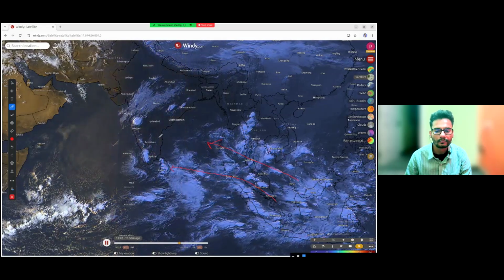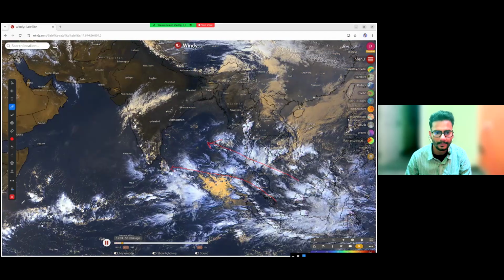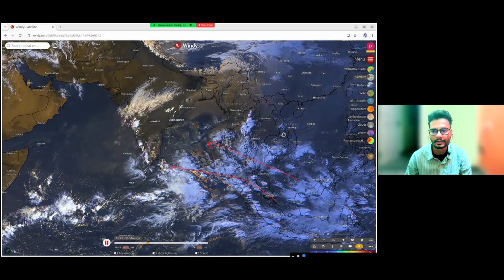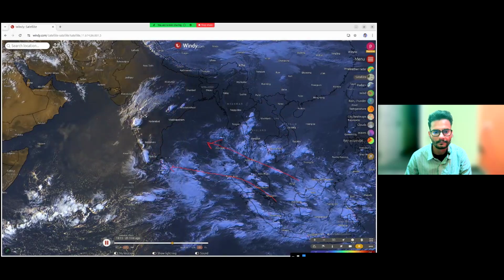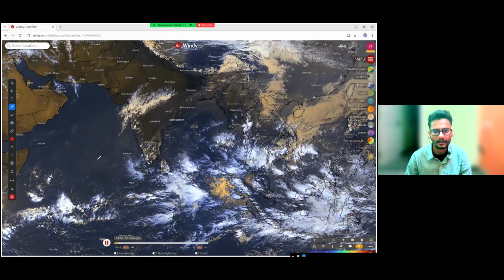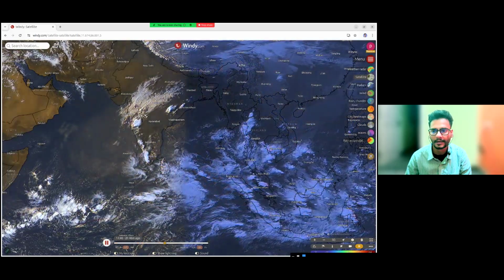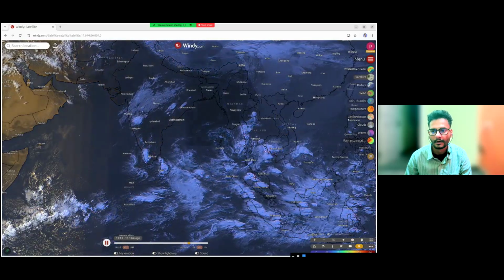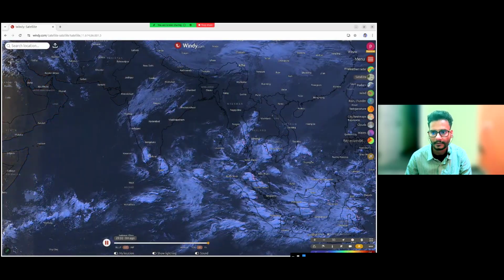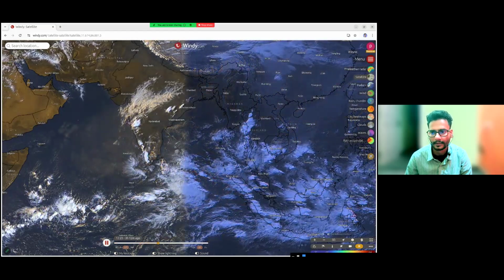And to further understand why and how it is happening, we need to analyze the wind pattern, together with the relative humidity. So let's close it and open the relative humidity chart that will give us more idea as to how the condition will evolve in future.